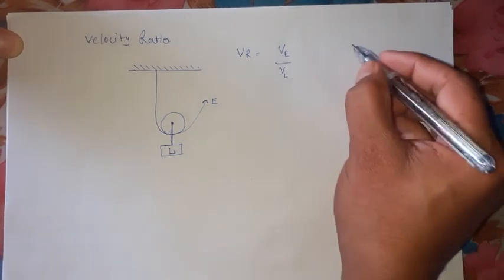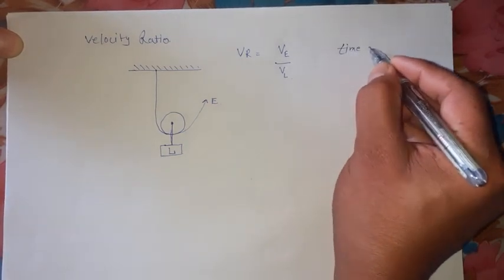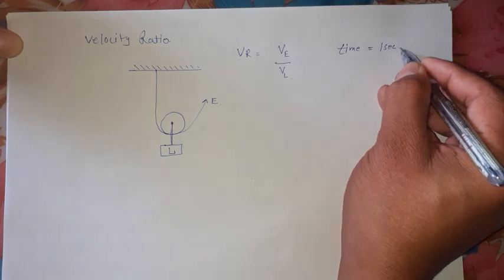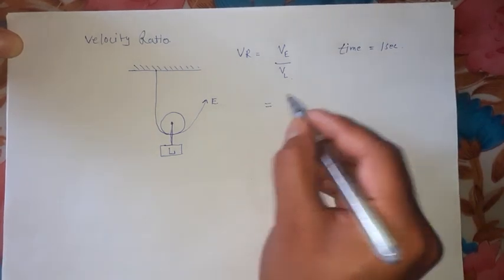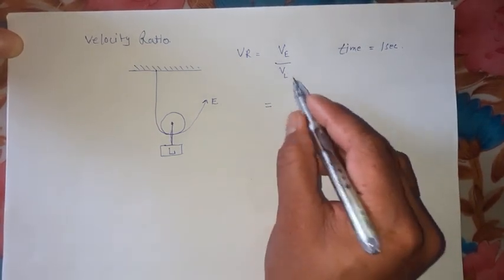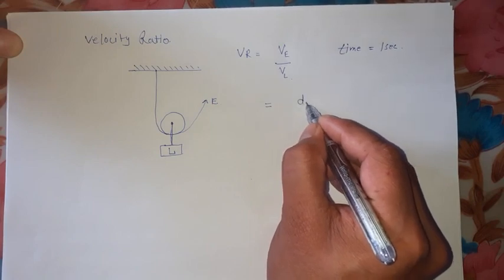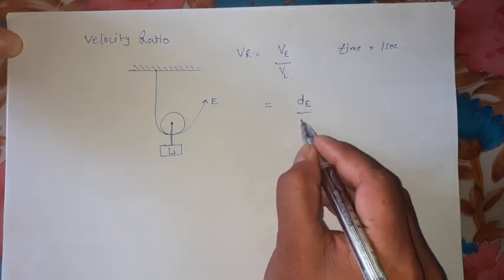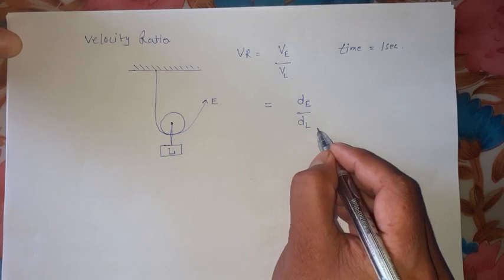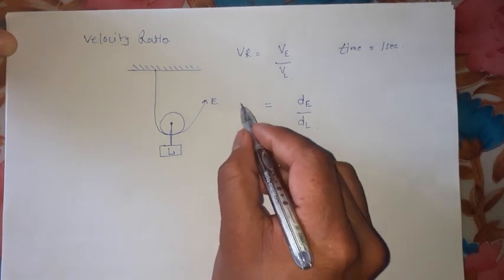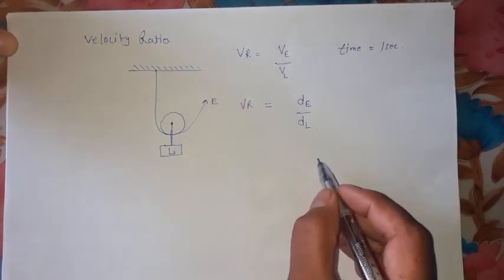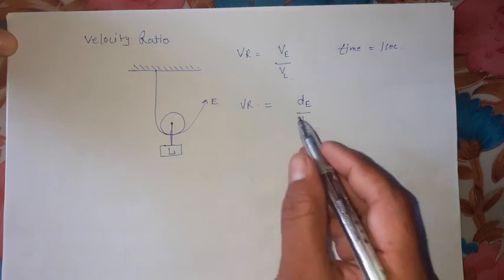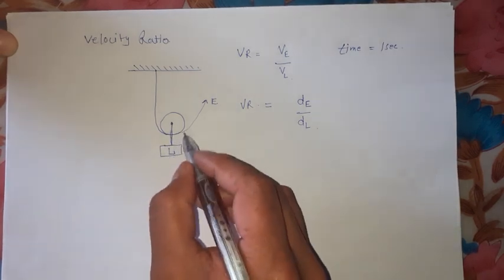Okay, so that time I am going to take as 1 second. Then I can write this velocity ratio as displacement of effort to displacement of load. Okay, we have already discussed that velocity ratio can also be written by this formula. Now check over here, student.